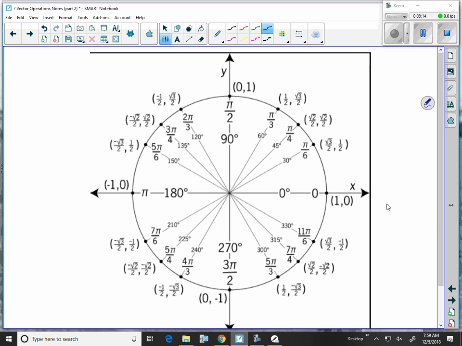Okay, so I want you to look on your unit circle and locate 60 degrees. 60 degrees is right here. I said that the x value, or the a value, is always which one, cosine or sine? Cosine, right? So 1/2 is the cosine of 60 degrees.